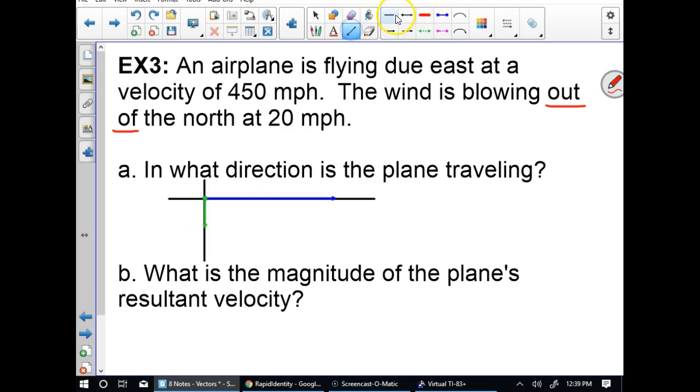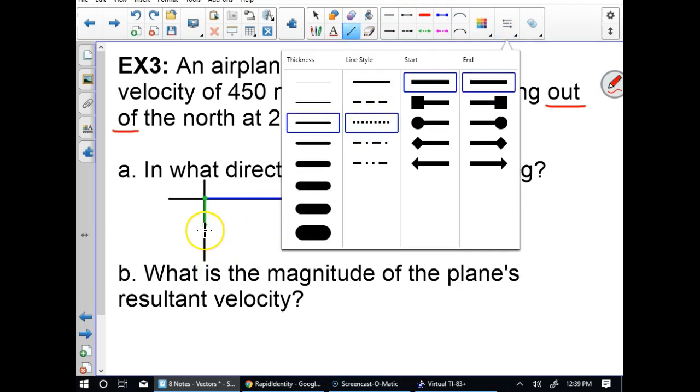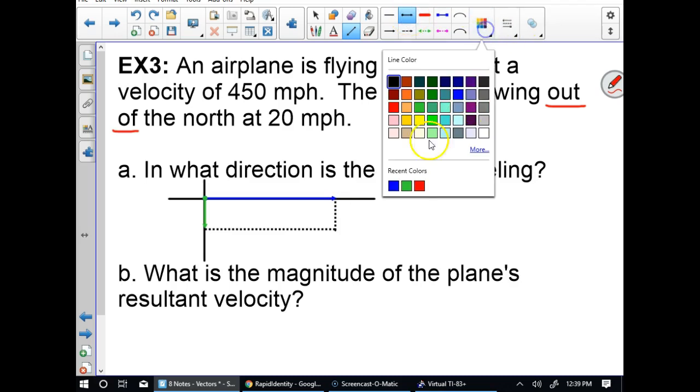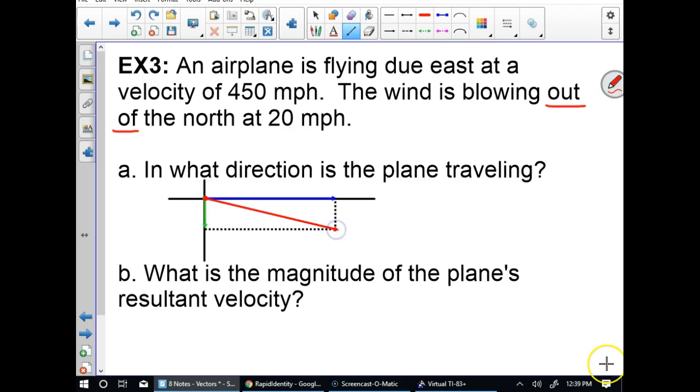So if we make a parallelogram here, and our resultant vector would look like this from the origin to the other corner of the parallelogram. This is what we're looking at. Let's label here, this is 450 miles per hour. This is 20 miles per hour, which means this also would be 450, and this would be 20.